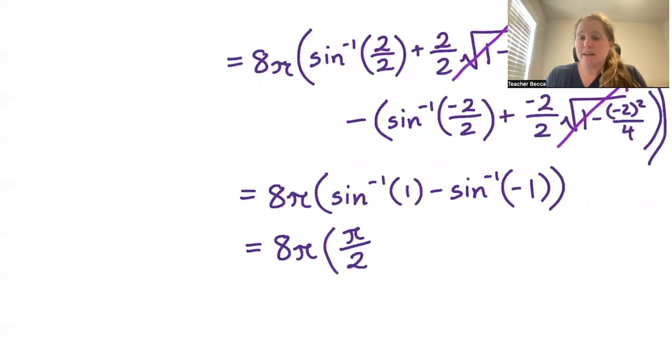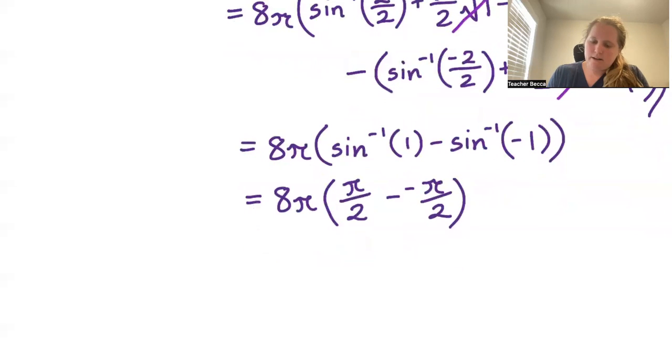Sine inverse of -1 is negative pi over 2. So we are looking at 8 pi times pi over 2 minus a negative pi over 2. And this is simply 8 pi squared. So that shape we were working with simply had volume 8 pi squared.